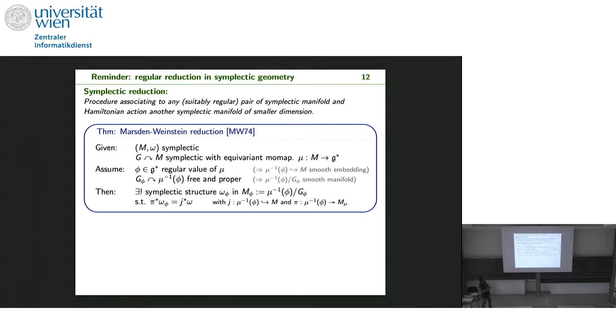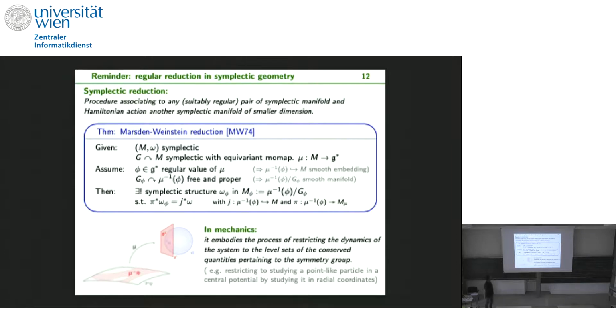And if you also assume that the action of the isotropy group of this element on this pre-image is free and proper, so this means that the quotient is a honest smooth manifold, you can put on this quotient a symplectic structure, and this symplectic structure is unique in the sense that it satisfies a certain compatibility condition with the starting symplectic structure.